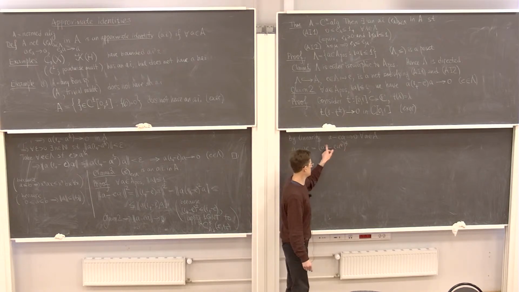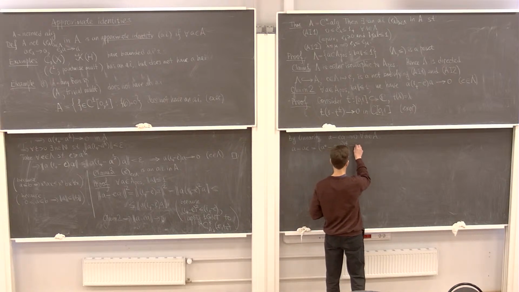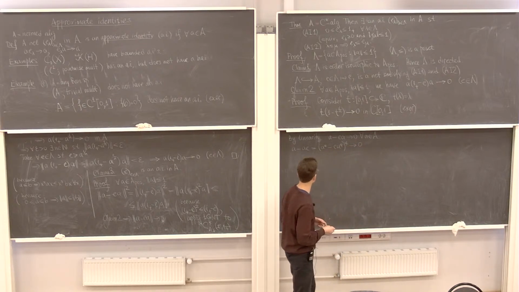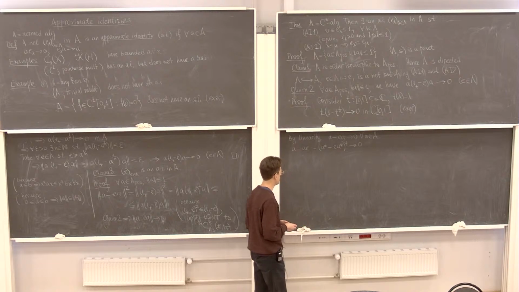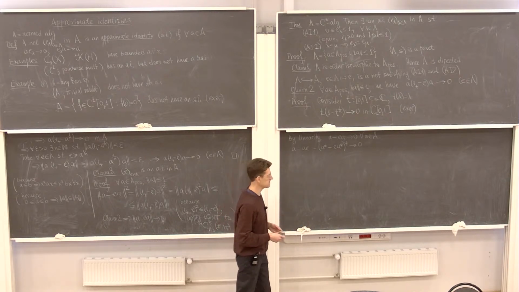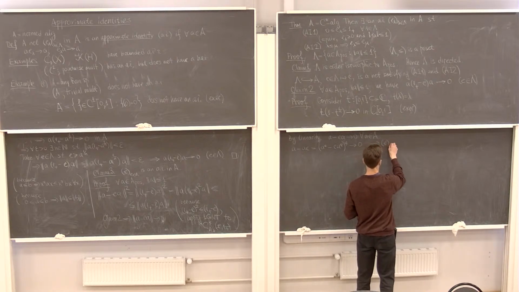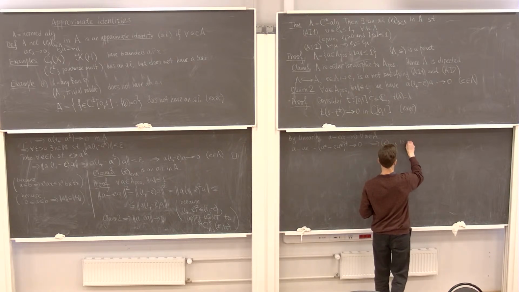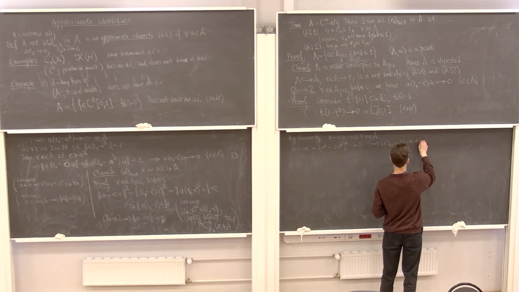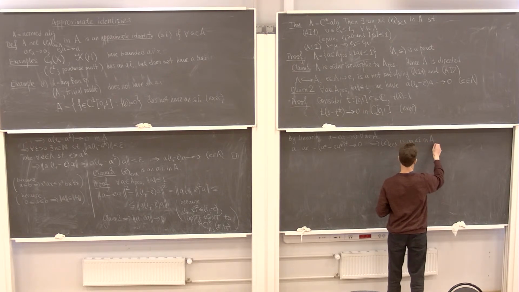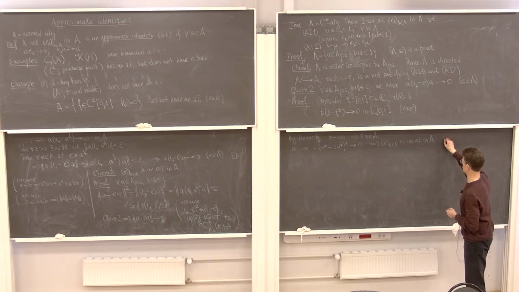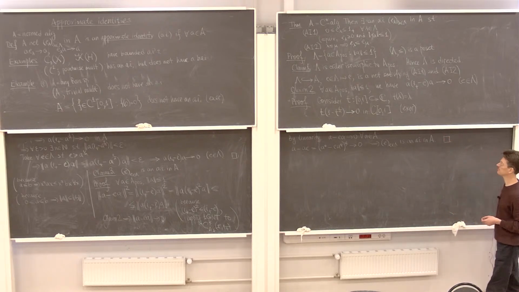So this converges to 0, the involution is continuous, and so we see that this also converges to 0. And as a result, we conclude that E is indeed an approximate identity. And this completes the proof of our theorem.